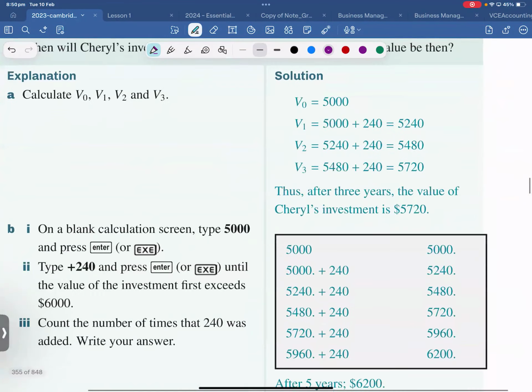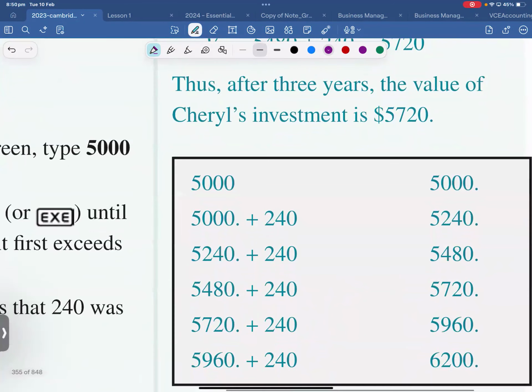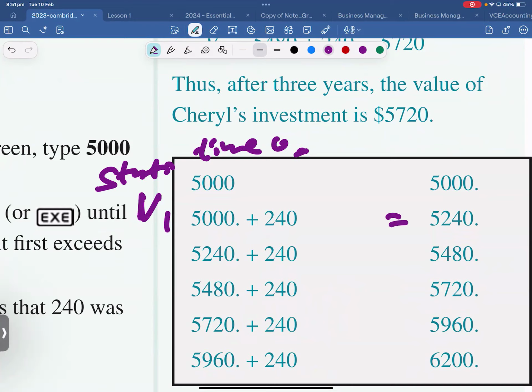If it is 240, our first year is starting when the time is 0, that means today. But after 1 year, that is V1, 5240, V2, 5480, and so on.